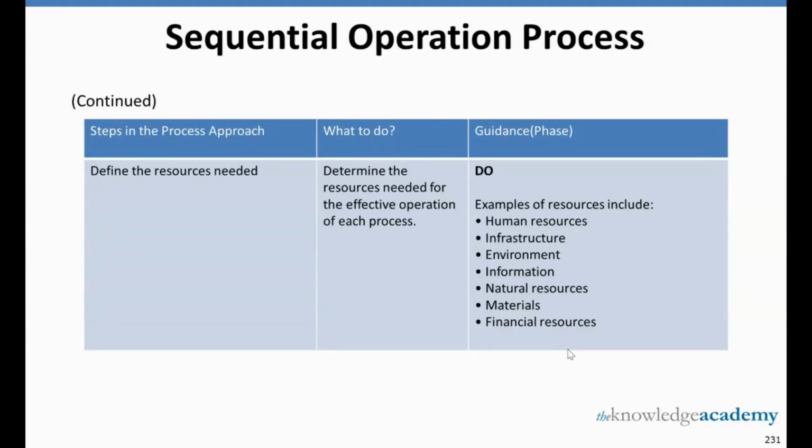Here we define the resources needed, determine the resources needed for the effective operations of each process. Examples of resources include human resource, infrastructure, environment, information, natural resources, materials, financial resources, and so on. So these are the things which we determine and define in a document.